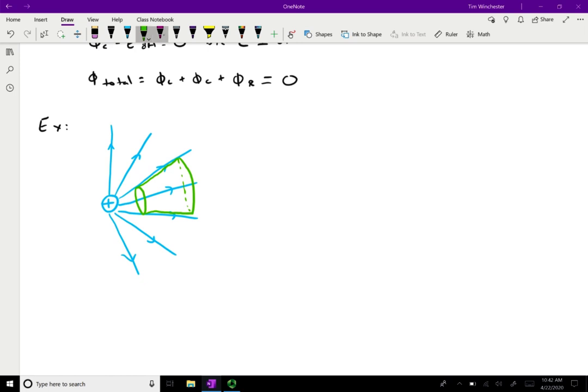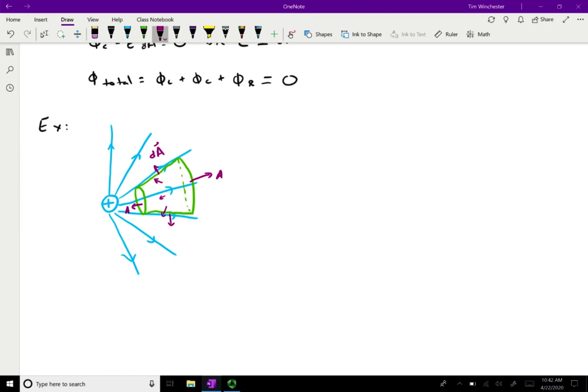If I draw area vectors for this, here my area vector points inward, and out here it points outwards. And then over here it's going to point in various directions, but always perpendicular to the surface. It's a little tricky to draw in perspective, but hopefully you get the idea.